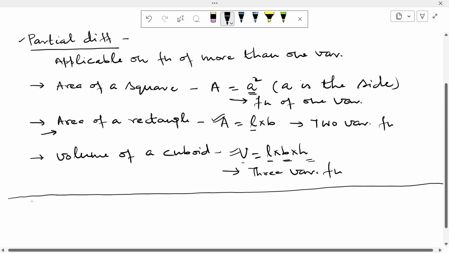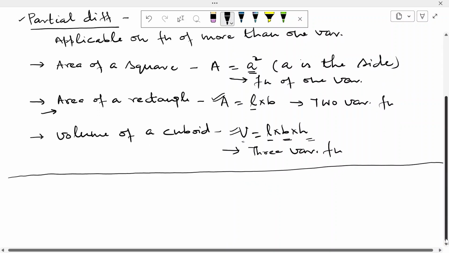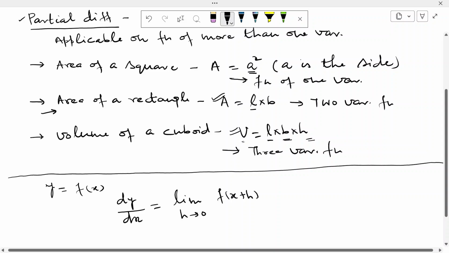Now how do we perform this partial differentiation? Let us recall our first principle, and let us consider a function y, which is a function of only one variable, f(x). Then if we have to find out the differentiation or differential coefficient of y with respect to x, the idea was that we have to evaluate this limit.